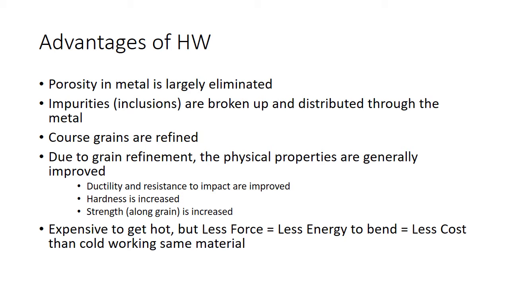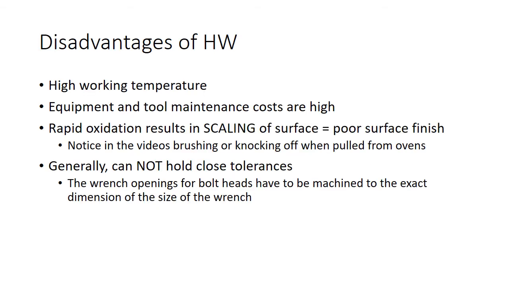But if you get it hot, then it doesn't take as much force, and you can bend it with just a hammer and an anvil. So it really has some cost advantages. The disadvantages of hot working are that you're dealing with hot stuff, so it's more dangerous.